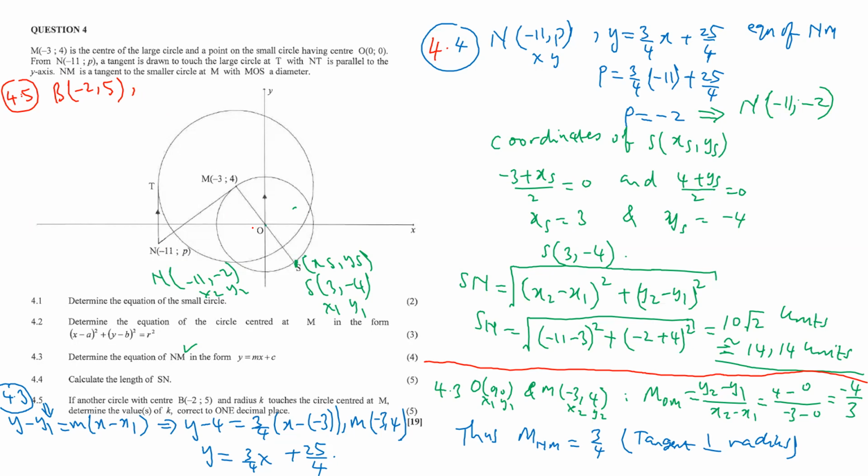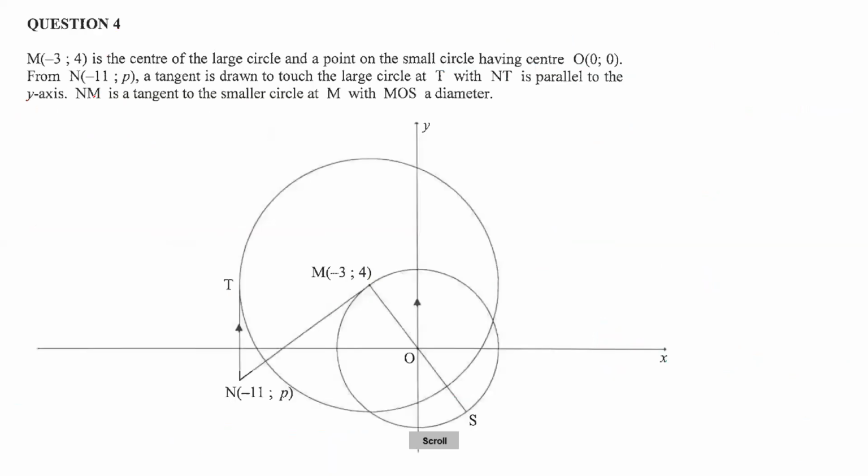Right. We look at these very, very carefully. So we ask the question, what would BM be, the distance between B and M. Okay, we can use the distance formula for that one, but it is the square root of 2 units. BM is the square root of 2 units. Okay, because B is this one and M has the coordinates -3, 4, and we can find the distance there. The radius centered at M can be obtained as follows.